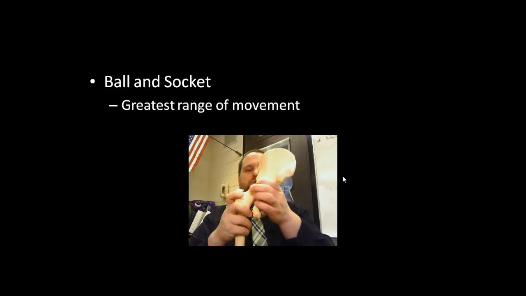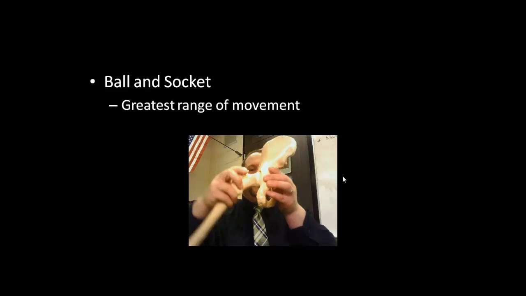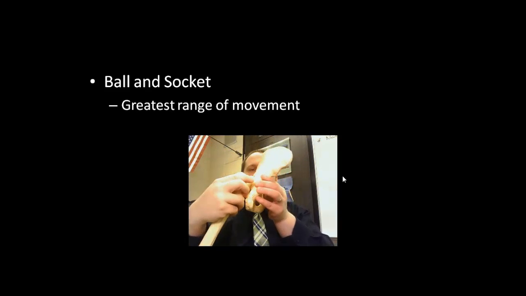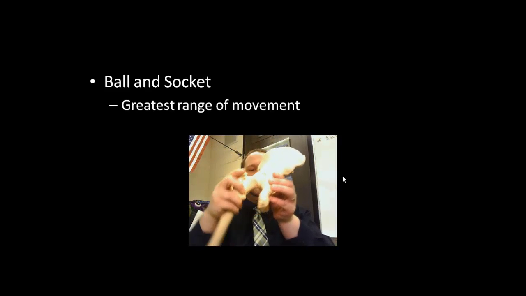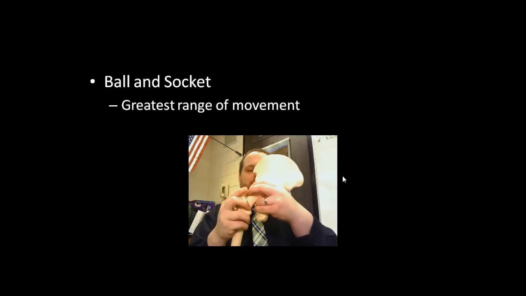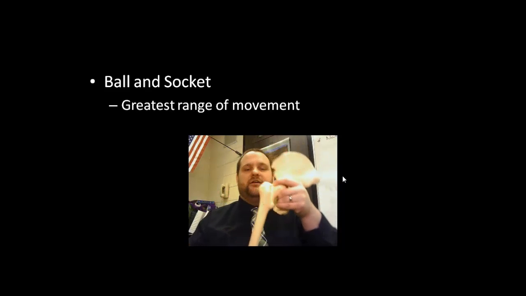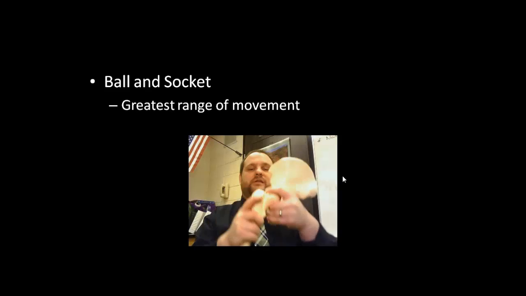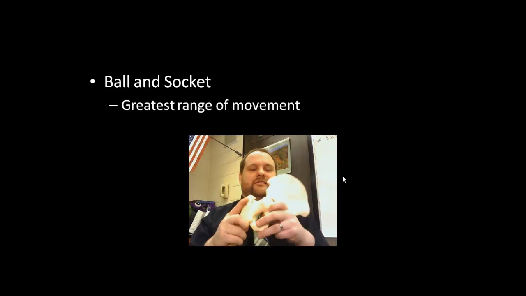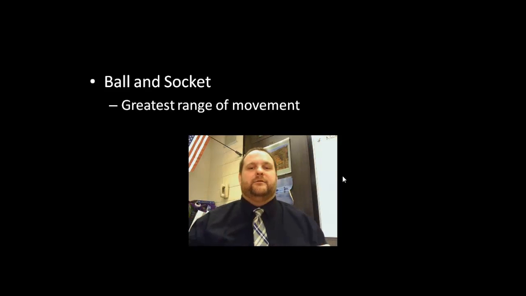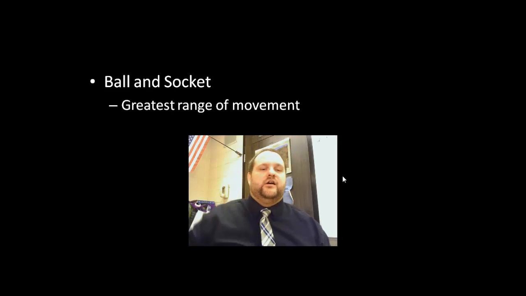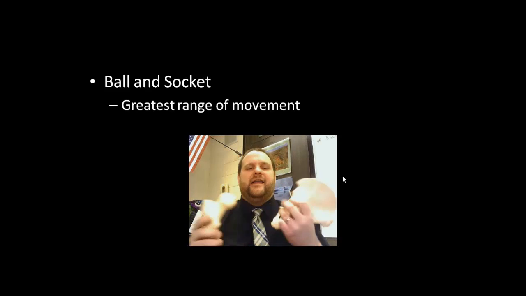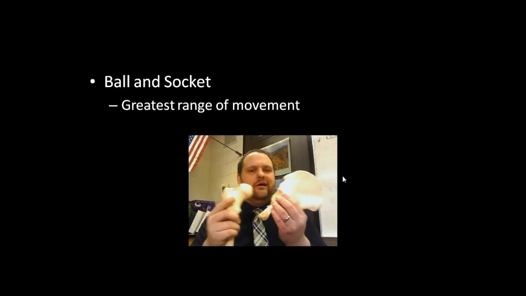Now, this is an incredible joint because it allows this huge range of motion. These two bones can have this giant range of motion, which allows us to really move our arms and our legs in really unique ways. So this is an important joint because it allows lots of motion, especially here in your shoulder or down in your hips. The bad news about this joint is it's not as strong.